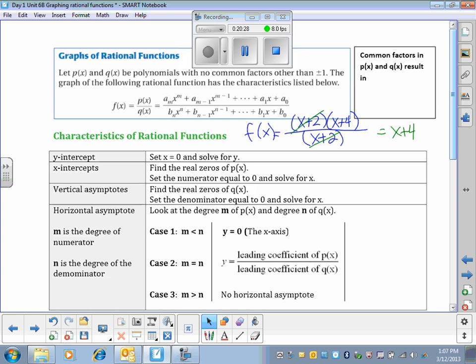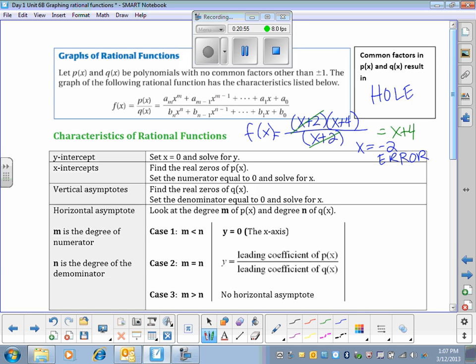If you were to put this in, it would graph as a line. But when you went to the table, you would see at x equals negative 2, it would say error. The reason it says that is because the thing that you canceled out created a hole. They call those a hole.